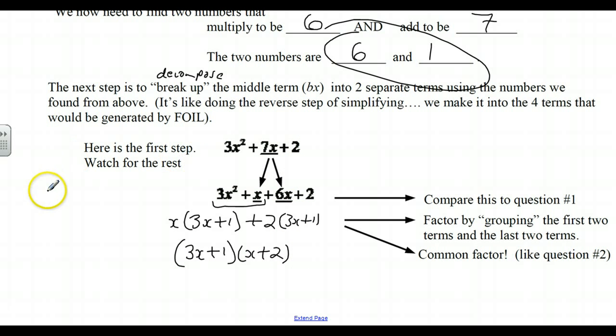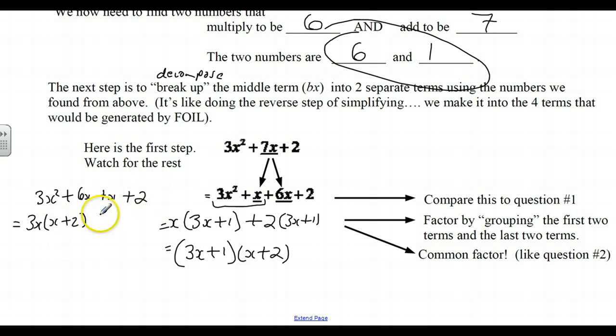Now you might say, well, what if I wrote 3x squared plus 6x plus x plus 2? Because you're going to say, well, you just told me I got to break the middle term, the 7, into a 6 and a 1, but I could do it this way. And I would say, okay, I'd like to throw some equal signs in here. So I would say, well, the greatest common factor here is 3x, and I get x plus 2.